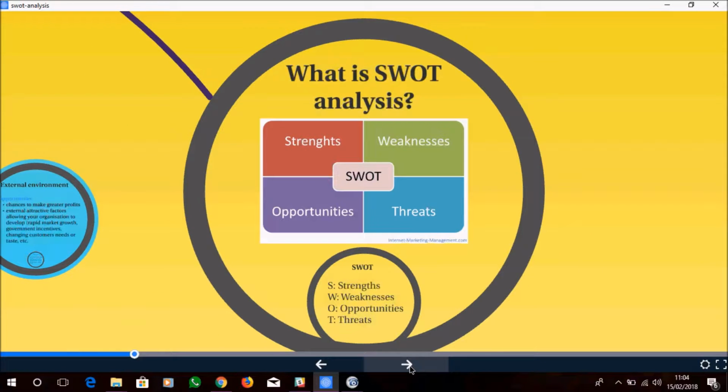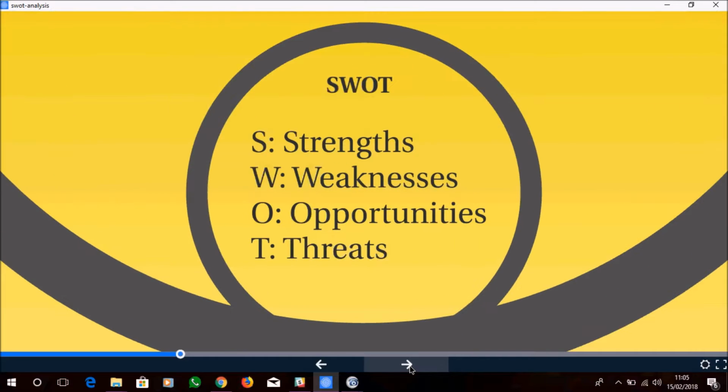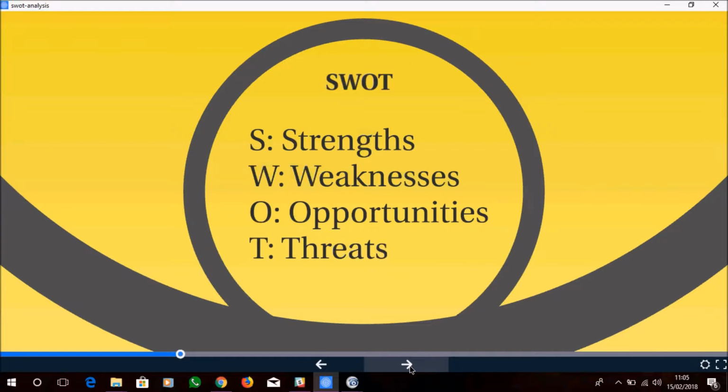Well, so what is a SWOT analysis? Well, the technique is credited to Albert Humphrey back in the 60s and 70s, and it is a planning tool used as a framework for organizing data and information gained from the analysis of the own situation. SWOT, of course, is the acronym for strengths, weaknesses, opportunities, and threats.